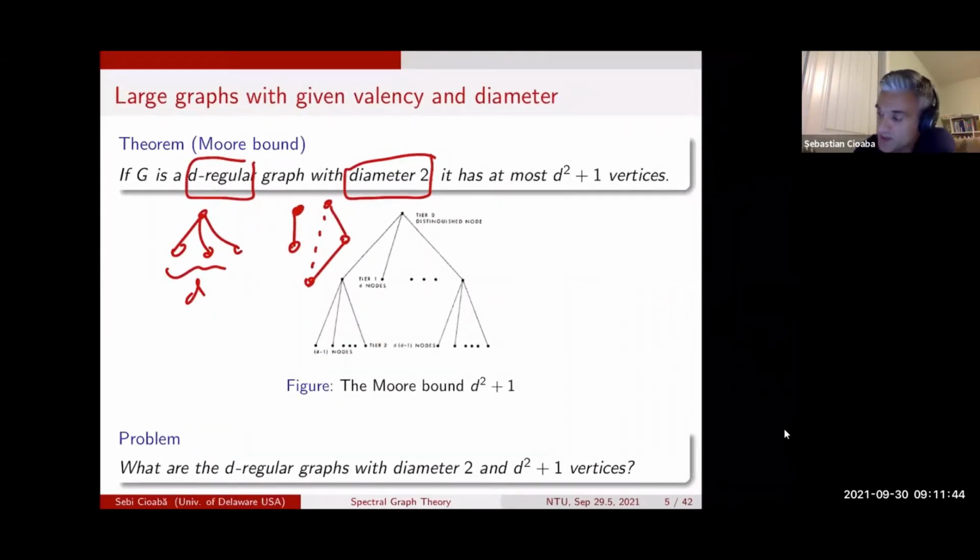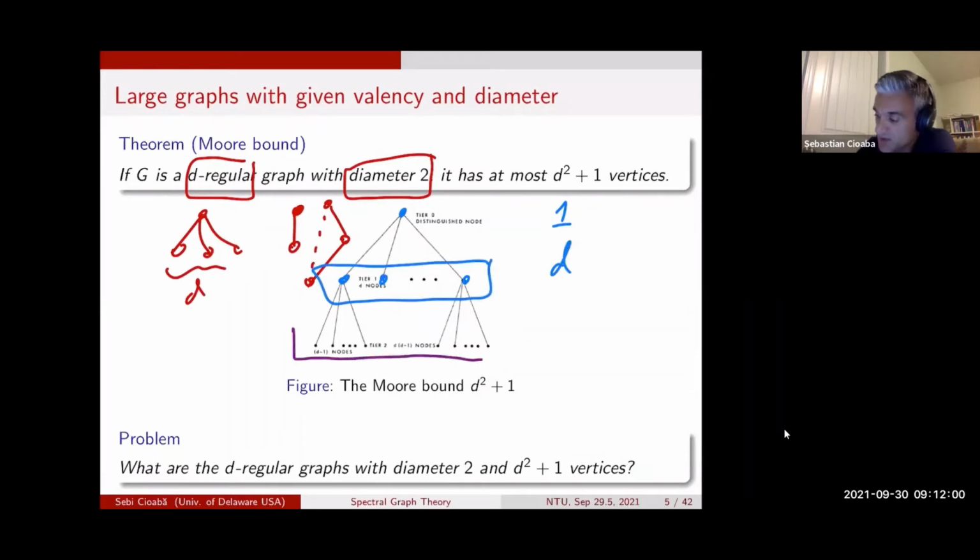To see that, what's the largest number of nodes that you can have? You have a vertex. It has d neighbors, which are at this level. And what's the largest number of neighbors that you can have at the next level? Well, each of the blue neighbors could have d minus 1 on the next level.